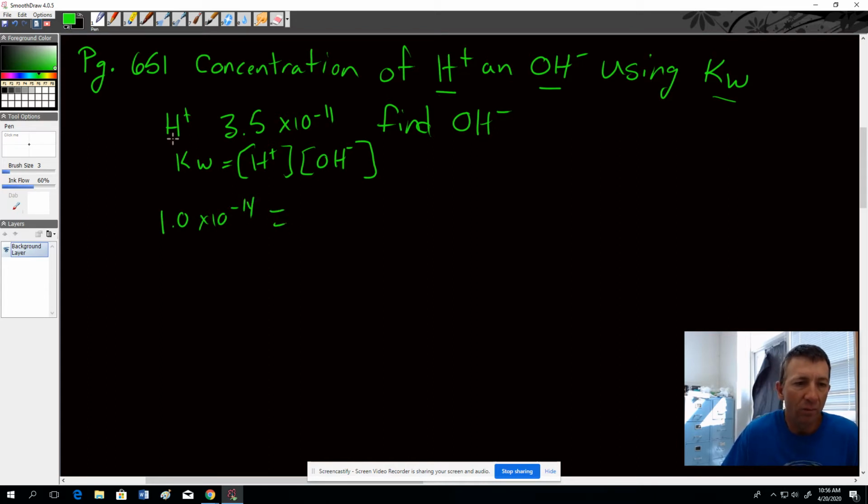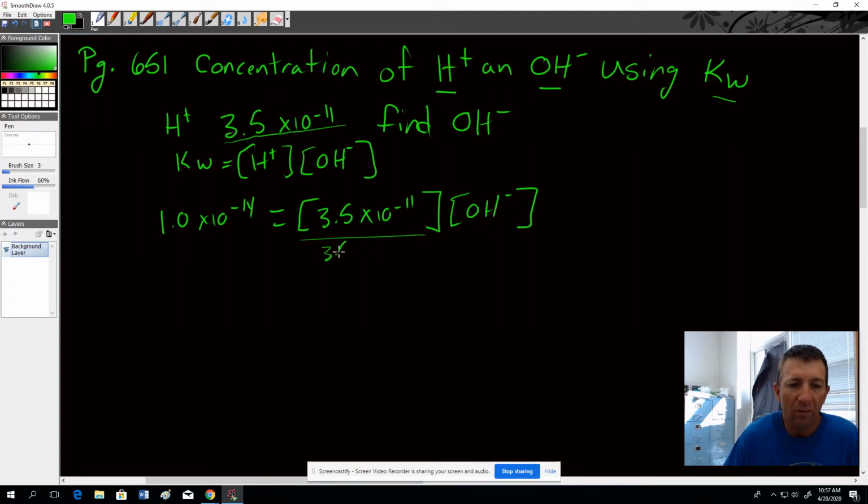Okay, and then what we're going to do is take H+, which it gives us right there. We're going to stick it in there for H+. So we have 3.5 times 10 to the negative 11th times our OH-. And now remember with the algebra, we're just going to divide by 3.5 times 10 to the negative 11th on that side. Do the same thing on the other side.